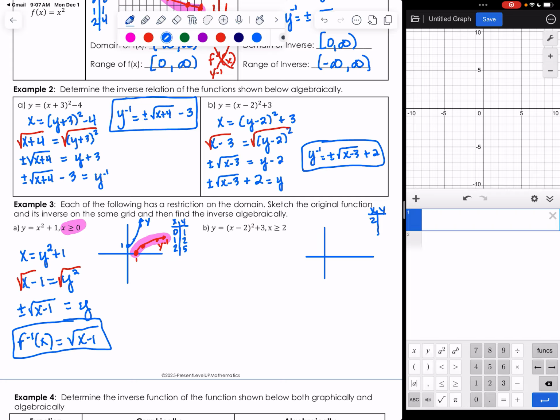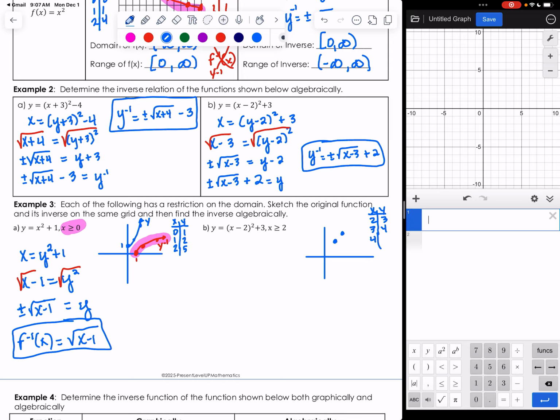So I'll start with a 2. 2 minus 2 is 0. 0 squared is 0. 0 plus 3 is 3. So we're starting at 2, 3. 1, 2. So we're starting right here. Let's try 3 now. 3 minus 2 is 1. 1 squared is 1. 1 plus 3 is 4. So 3, 4. So that would be right here.